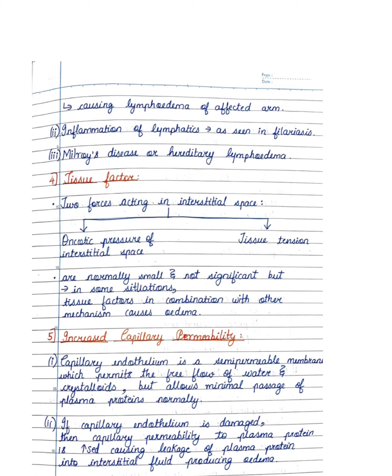Capillary endothelium is a semi-permeable membrane which permits the free flow of water and crystalloids, but allows minimal passage of plasma proteins normally. If capillary endothelium is damaged, then capillary permeability to plasma protein is increased, causing leakage of plasma protein into interstitial fluid, producing edema.